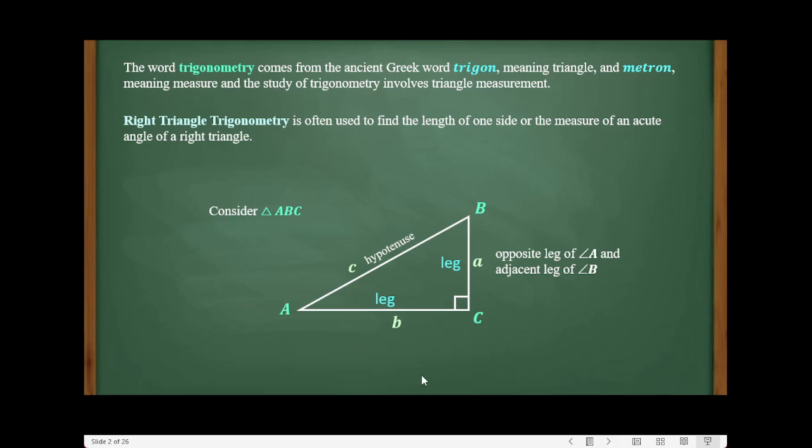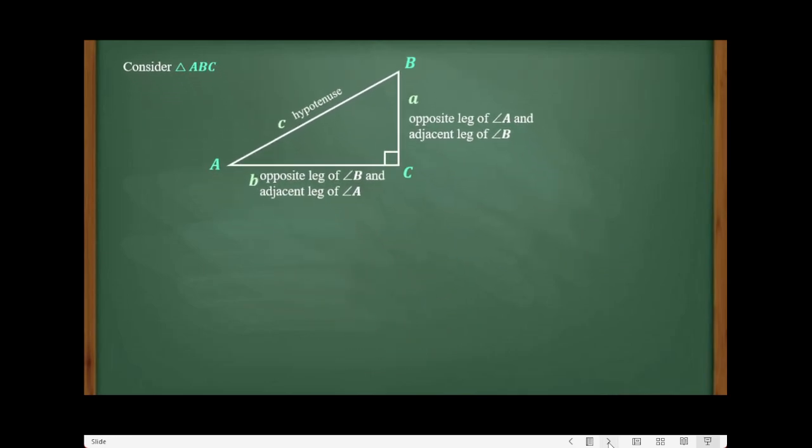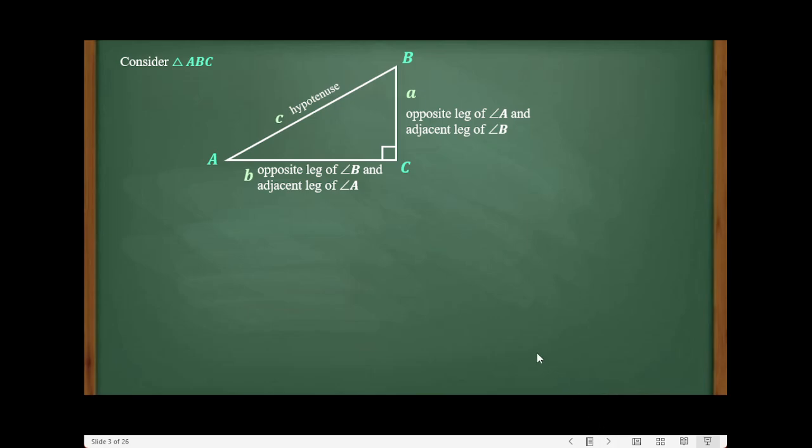On the other hand, the horizontal leg, or the longer leg denoted by small letter b, can also be labeled in two different ways. The first one is that we can consider this leg as the opposite leg of angle B. And at the same time, this leg is adjacent to angle A. Please take note of these labels, particularly the labels for each of these legs.